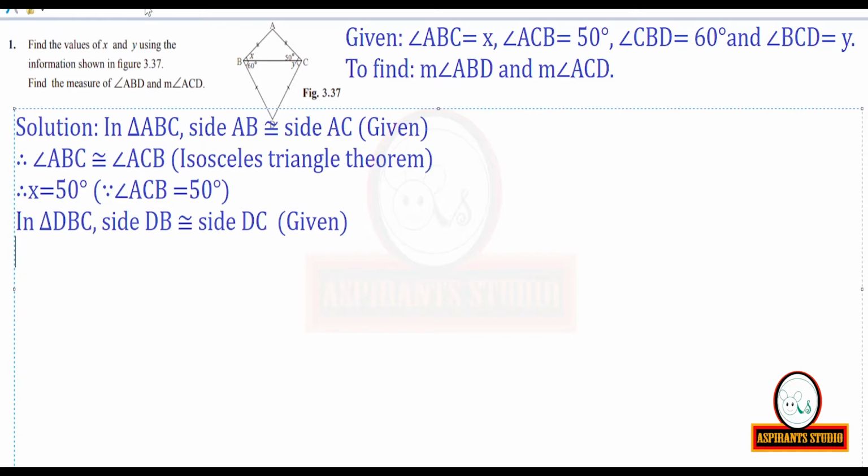According to the isosceles triangle theorem, if two sides of a triangle are congruent, then the angles opposite to them are congruent. So, angle DBC will be congruent to angle DCB.